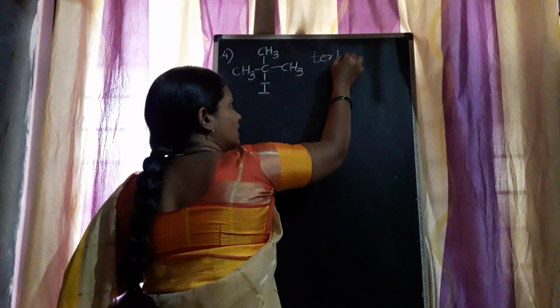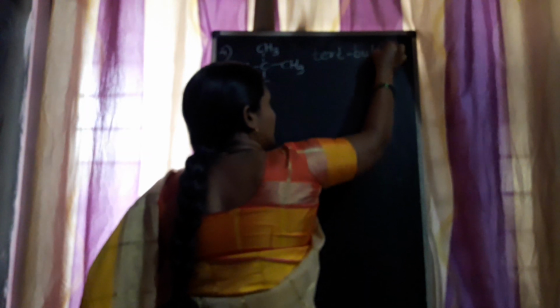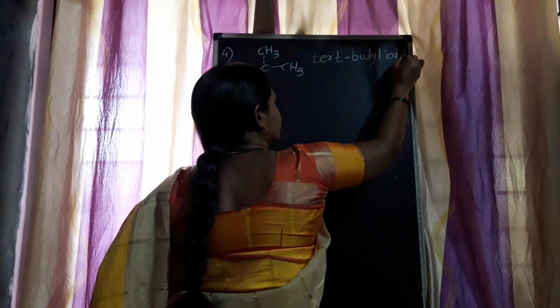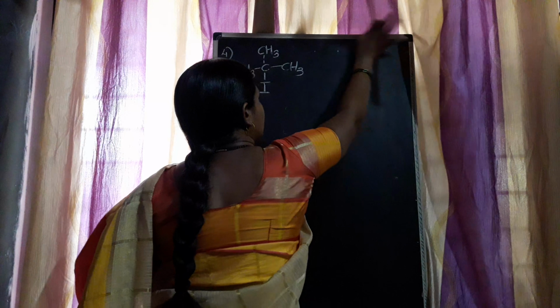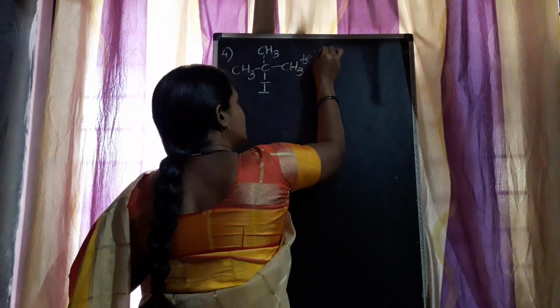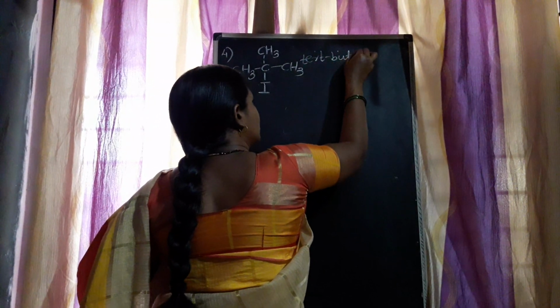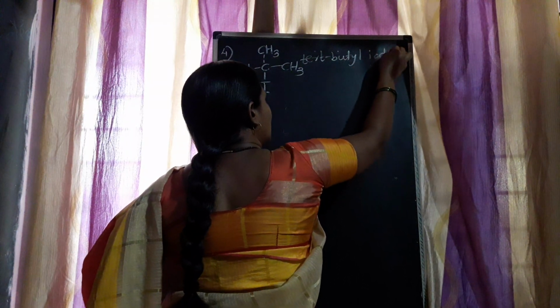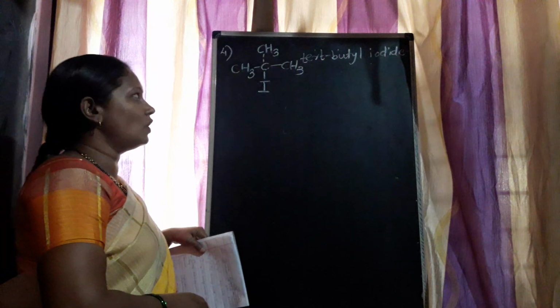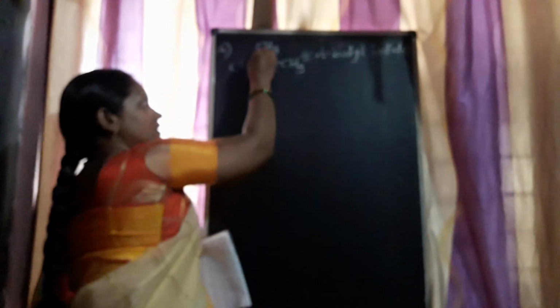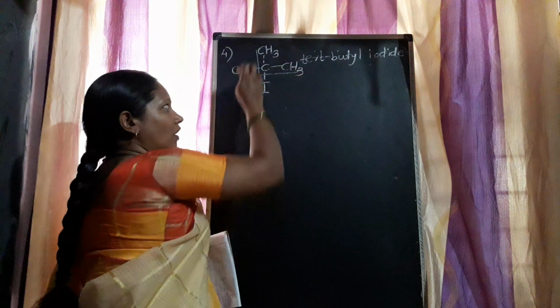Common name is tertiary, four carbon atoms are present, therefore butyl and iodide. Tertiary butyl iodide.